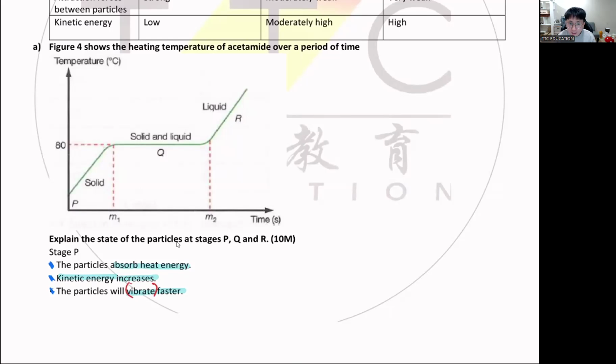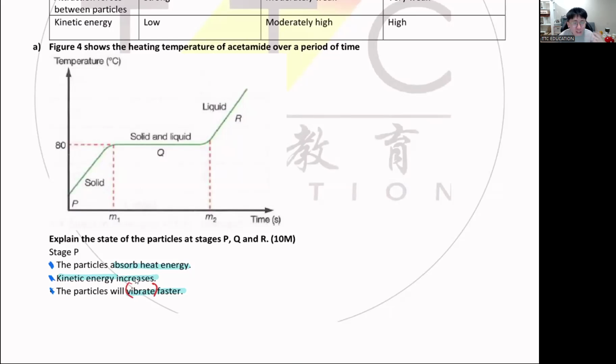By using the same format, how about stage Q? So do particles absorb heat energy? Yes, right? Still absorbing heat energy, but is the energy used to increase kinetic energy? Of course not, it's used to overcome the force of attraction.